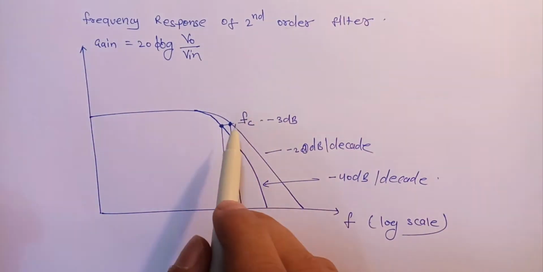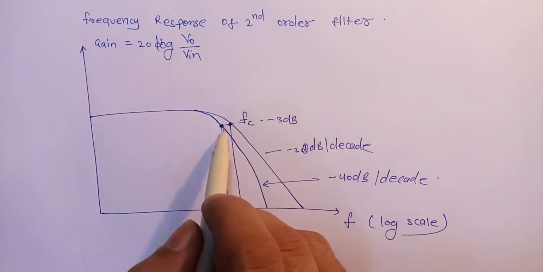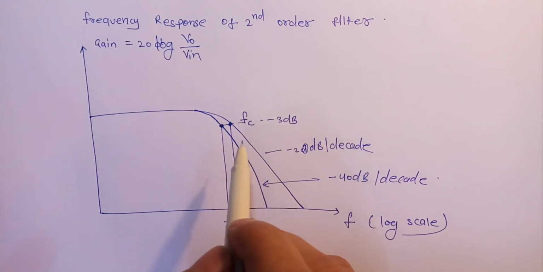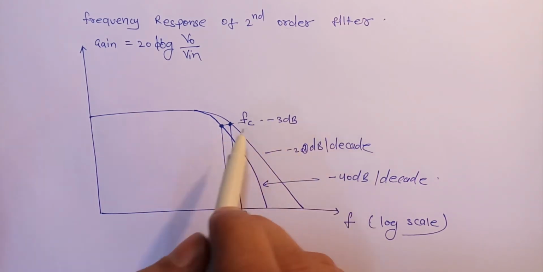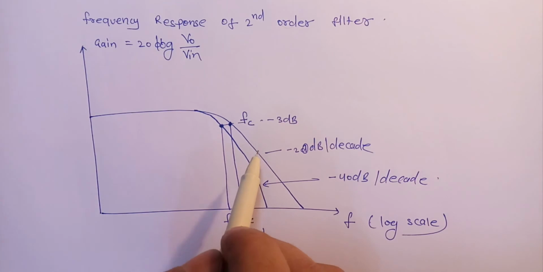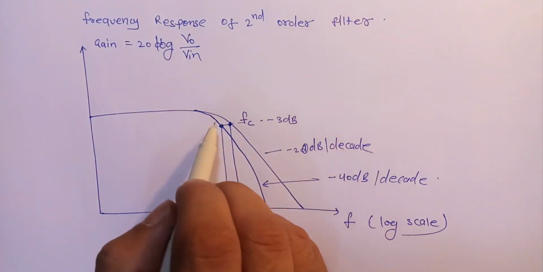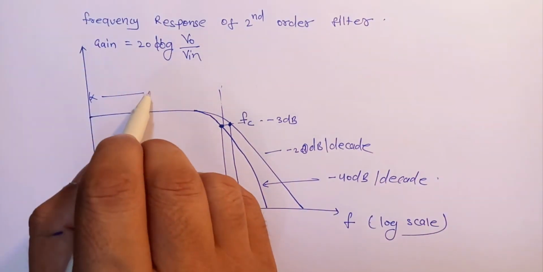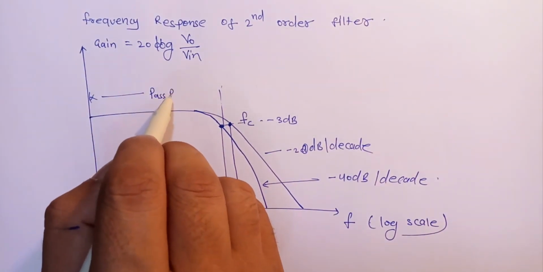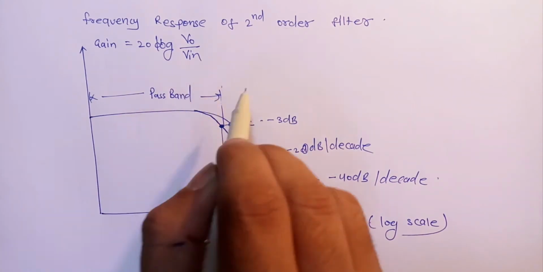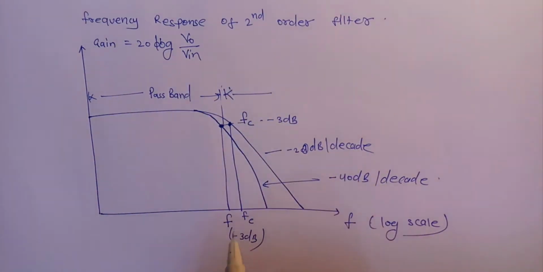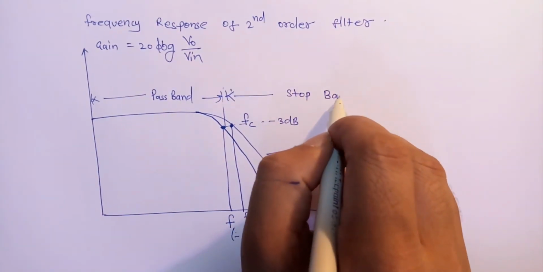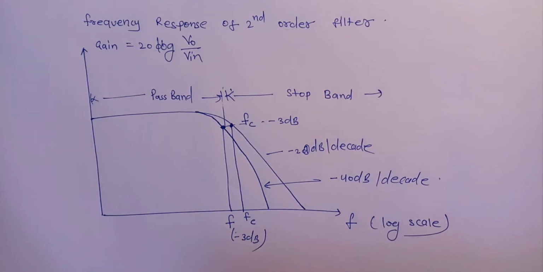So of course it is visible here. If we increase the order of the filter, drastically it will decrease the performance of the filter. In the case of the second order filter, this will be known as the pass band, and after the 3 dB cutoff frequency, this will be known as the stop band.